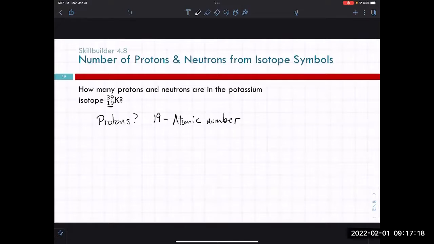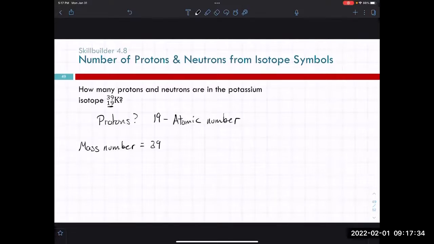Then how many neutrons? The mass number is the one at the top left, so the mass number equals 39.